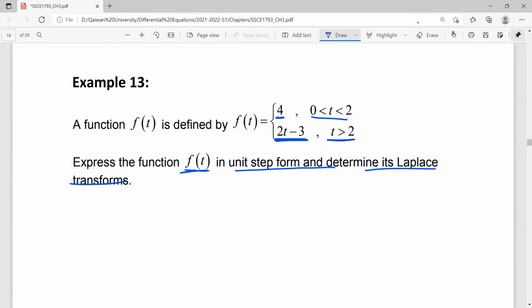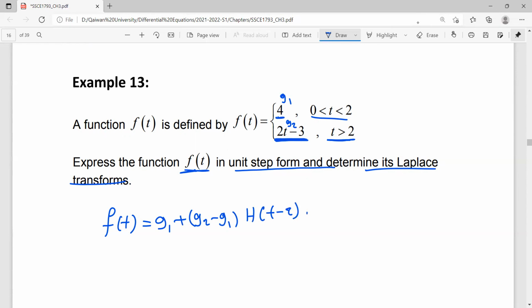Here, what we do, we are going to find the unit step function. This is a step function. We have g1 and g2. We say the unit step function f of t equals g1 plus g2 minus g1 times h of t minus 2.